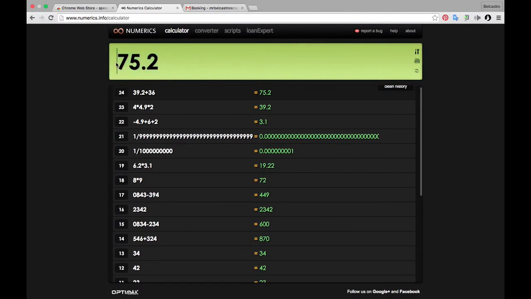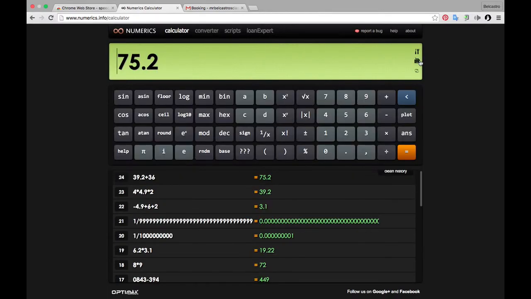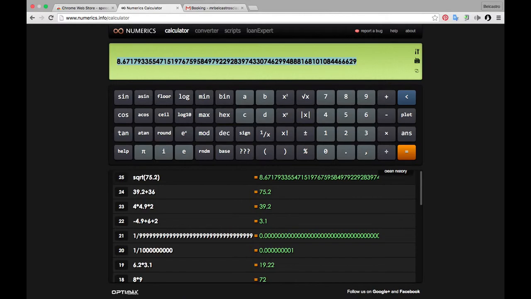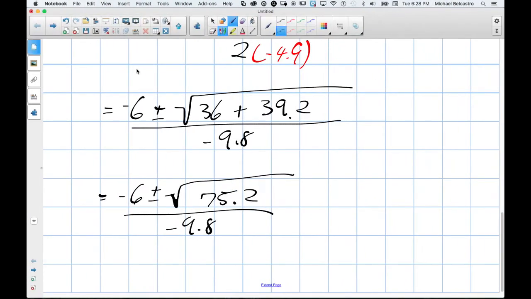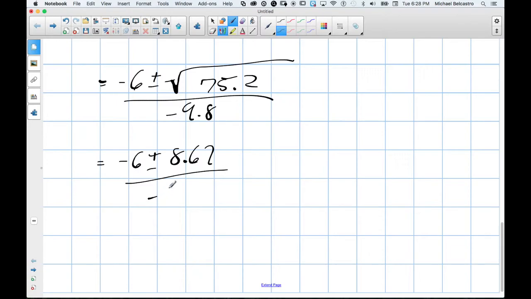Let's see if I remember my square root values. Oh, luckily it's here. Square root of 75.2. Woo! Huge number. Let's just go with 8.67 approximately, okay? So this is equal to negative 6 plus or minus approximately 8.67 over 9.8.